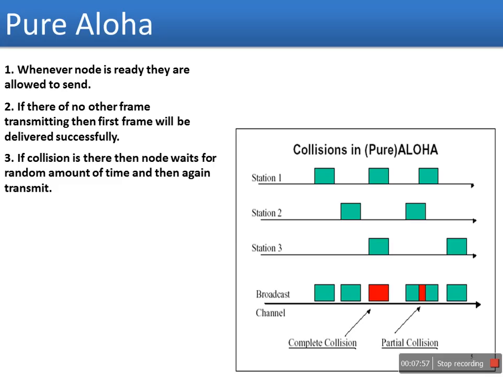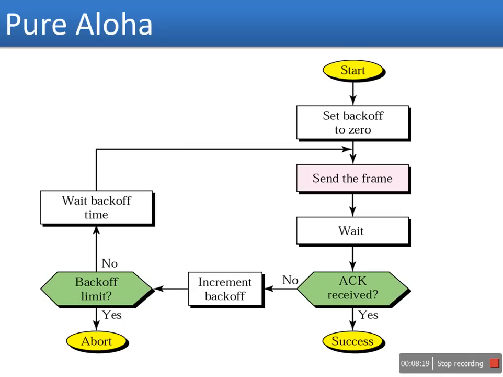If they retransmit their data immediately, it would result in a collision again. So in order to avoid that possibility, every node has to wait a random amount of time to avoid the repetition of collision. And this is the pure Aloha algorithm.